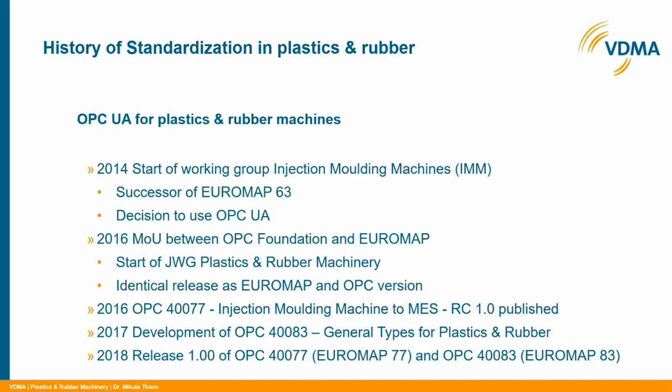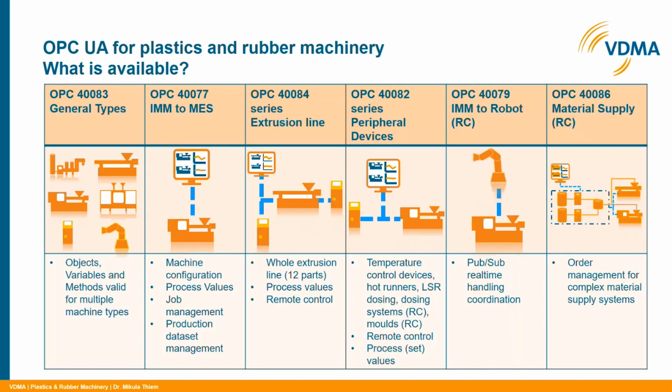And since then, multiple specifications have been developed in this working group. The first two are the 40083 with the general types, with objects, variables, and methods valid for multiple machine types, and the 40077 for the communication between injection molding machine to MES with machine configuration, process values, job management, and so on.